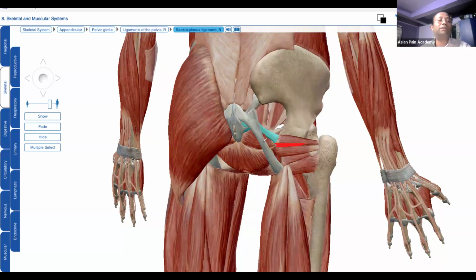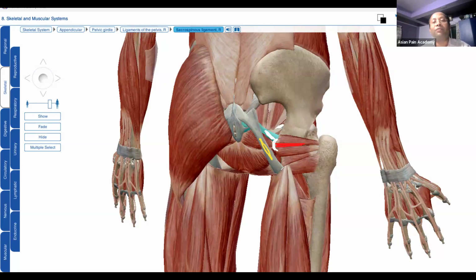But then two other things can come. What are these? These two things we will see. This one is the sacrospinous ligament. It is coming from the ischial spine. This is the ischial spine. So this is the sacrospinous ligament, from the spine to the sacrum, and above it another ligament is there, called the sacrotuberous ligament.